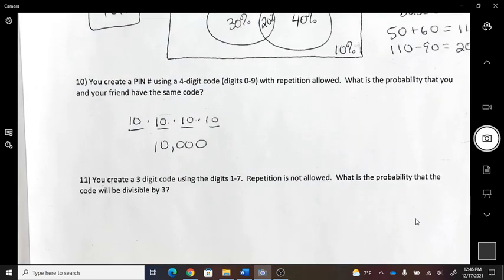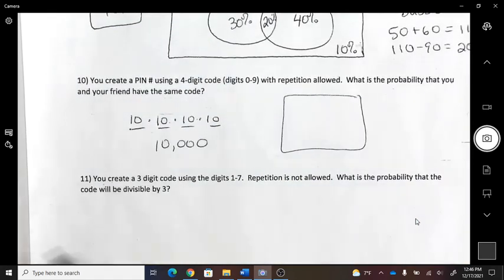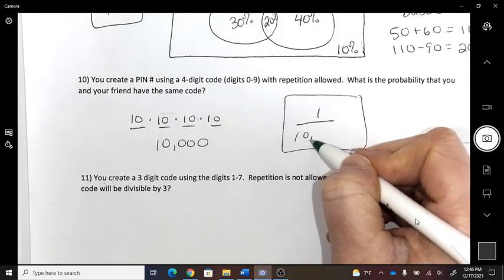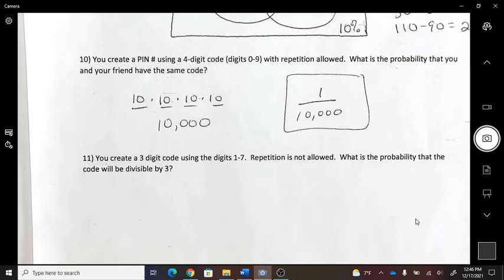So there's 10,000 codes. So what's the probability that you and your friend have the same? How would you write that as a probability? 1 out of 10,000. I guess so. There's only one way for your friend to have the same code as you, right?